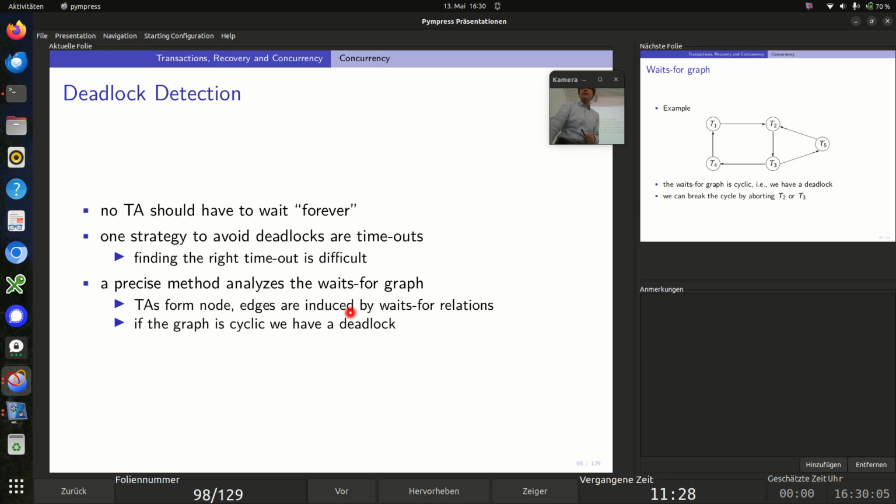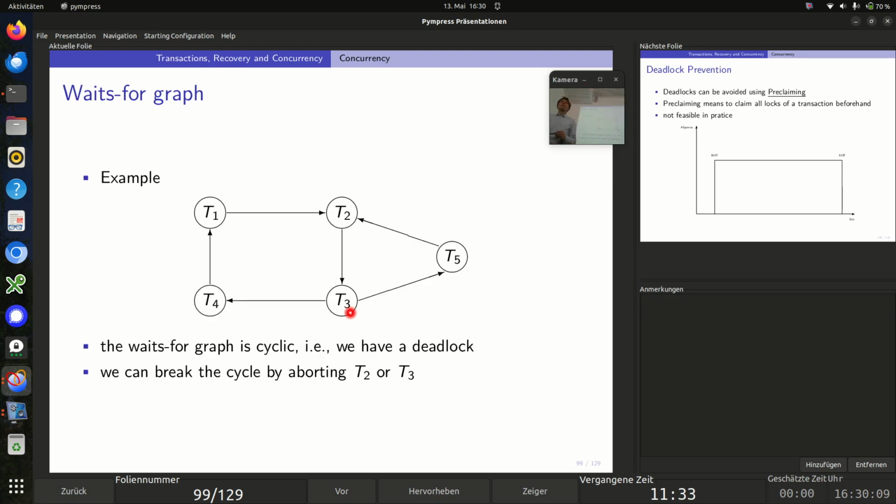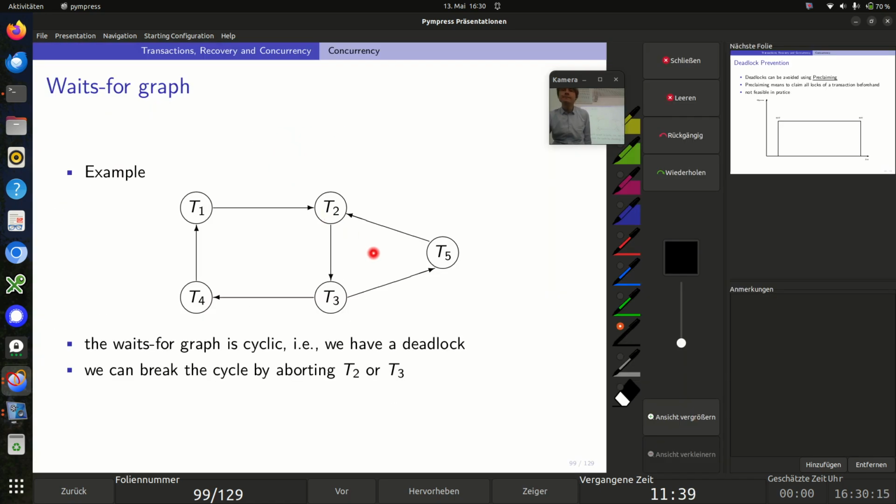And the other idea, as I have shown you, is the wait-for graph. In the previous example we only had 3 nodes, and here we have 5 nodes. So you see 2 cycles, here's the first cycle and here's the other cycle. And now the idea is, which transaction should be killed to eliminate any deadlock?